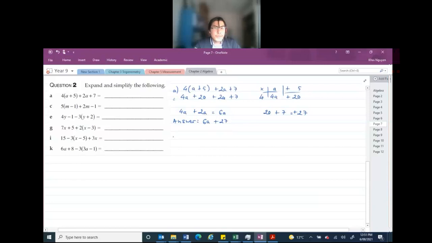Right, moving on, question C. We have 5 brackets m minus 1 close brackets plus 2m minus 1. Again we're going to expand brackets. So 5 on the outside and then m minus 1 on the inside.